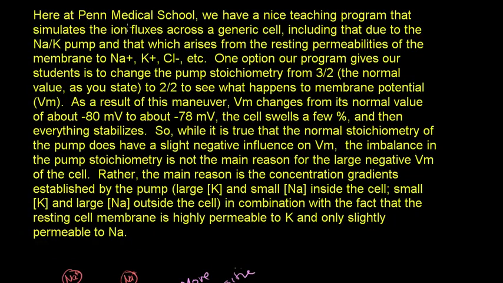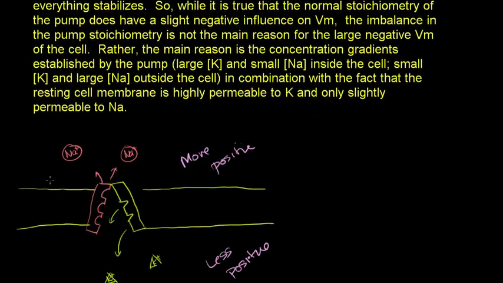He says, here at Penn Medical School, we have a nice teaching program that simulates the ion fluxes across a generic cell. So the ion flux is just the movement of the ions across the membrane, including that due to the sodium-potassium pump, and that which arises from the resting permeabilities of the membrane. So the resting permeabilities is how easy it is for these ions to go through the membrane.